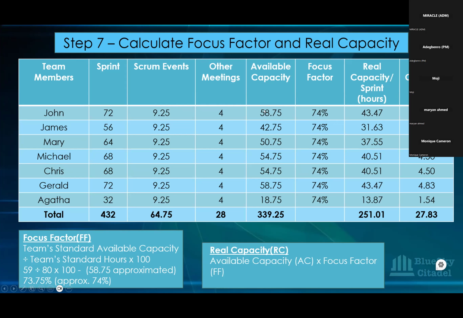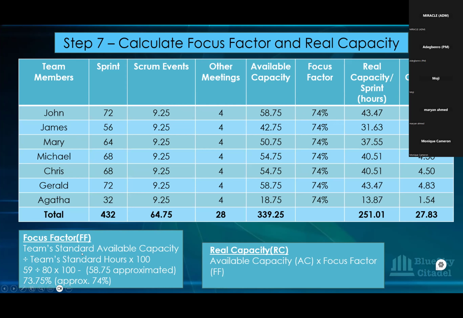So when you're doing your available capacity, actually what you want to know is how we would work out the focus factor. Because the focus factor is the one where we use the 72, the 59 here. Yeah, that's what you're looking at, isn't it?